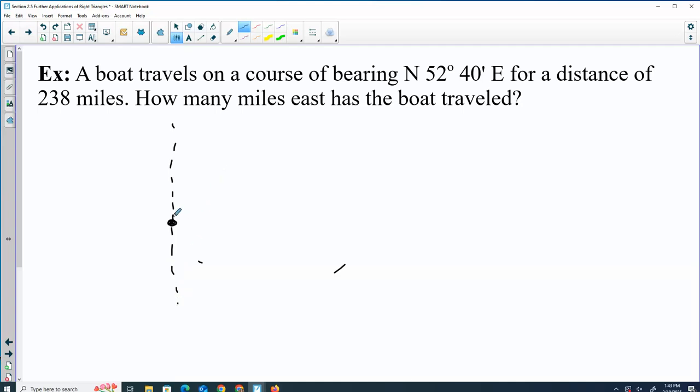And then from this point, my boat is going northeast. And the angle from my north-south line is 52 degrees 40 minutes. And it does this for a distance of 238 miles. So this length is 238.